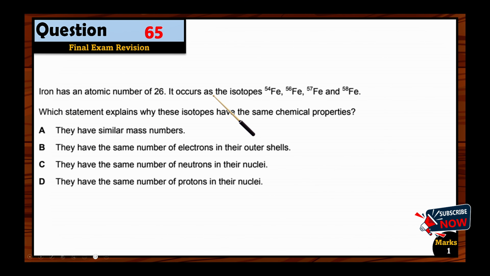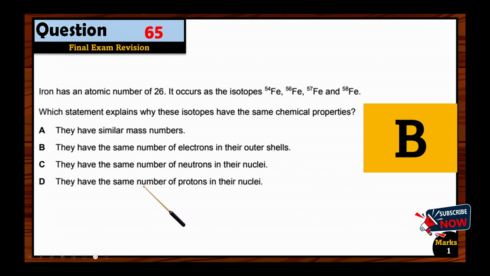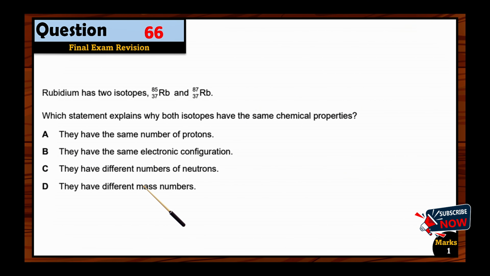Iron has atomic number of 26. Which statement explains why these isotopes have the same chemical properties? The question is repeated again and again, but with different examples and different question structure. So for same chemical properties, the electrons should be the same in the outer shell, right? So option B is again right. They have the same number of electrons in the outer shell.